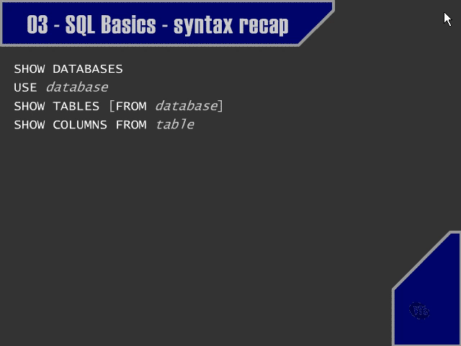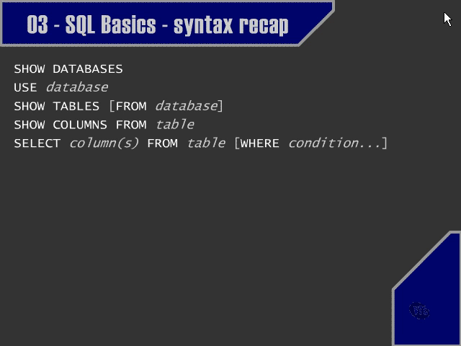We can also use the show columns from statement to give us information about a table and the columns that constitute it. We can use the select statement to retrieve information from a particular table.